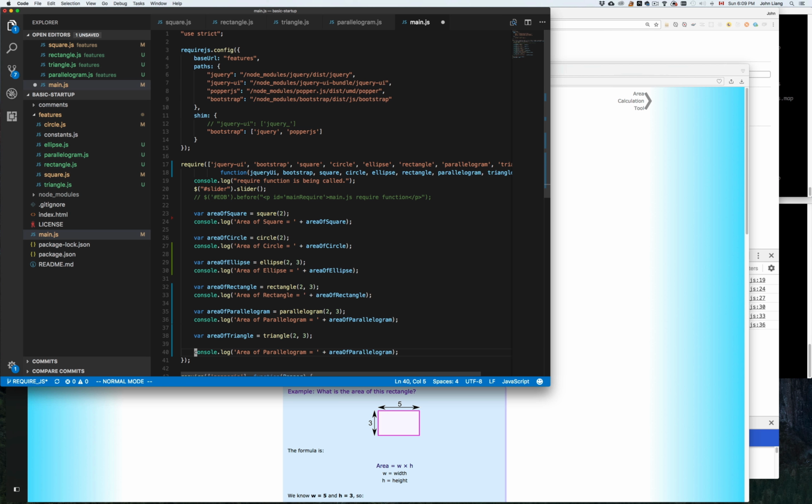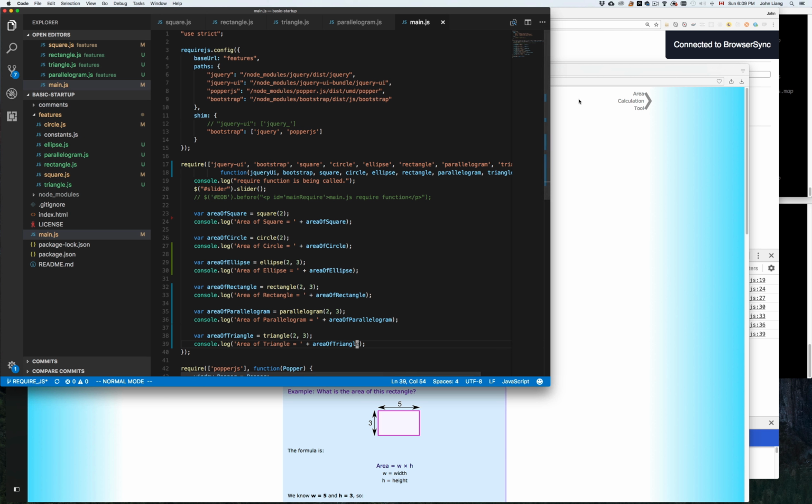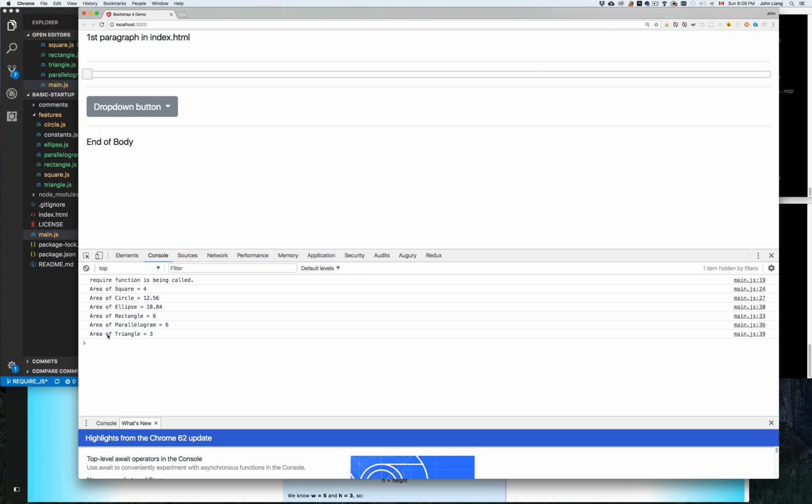Let's copy that, paste it here. Area of triangle goes to triangle. Save. And the area of triangle is 3. We use the same base and height of this parallelogram in the triangle. So 6 divided by 2 is 3. So that's correct.